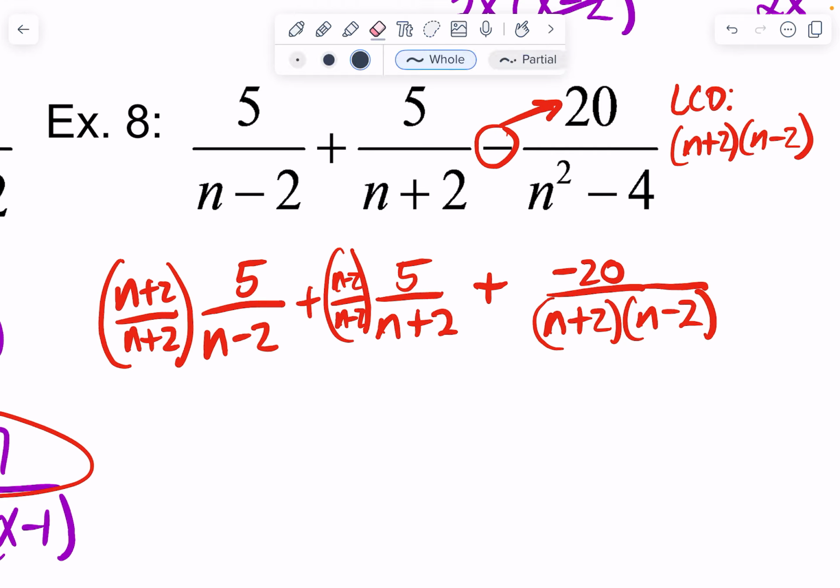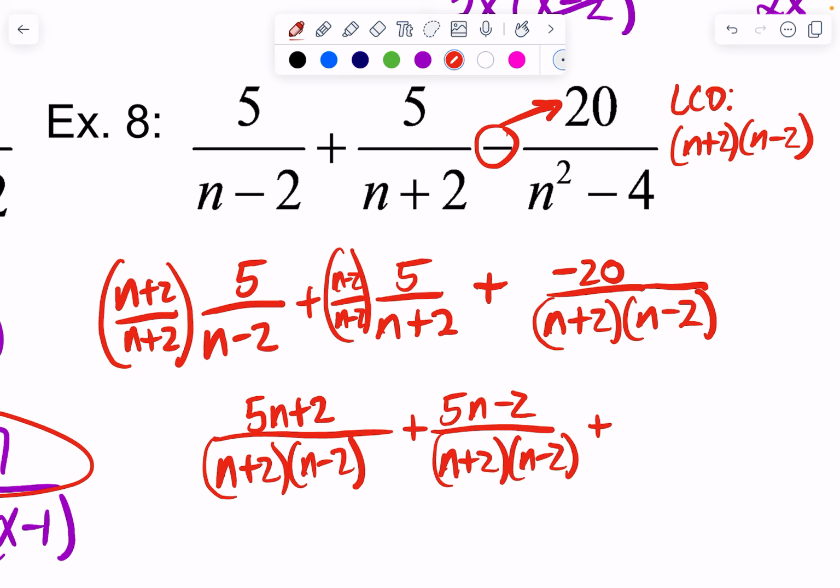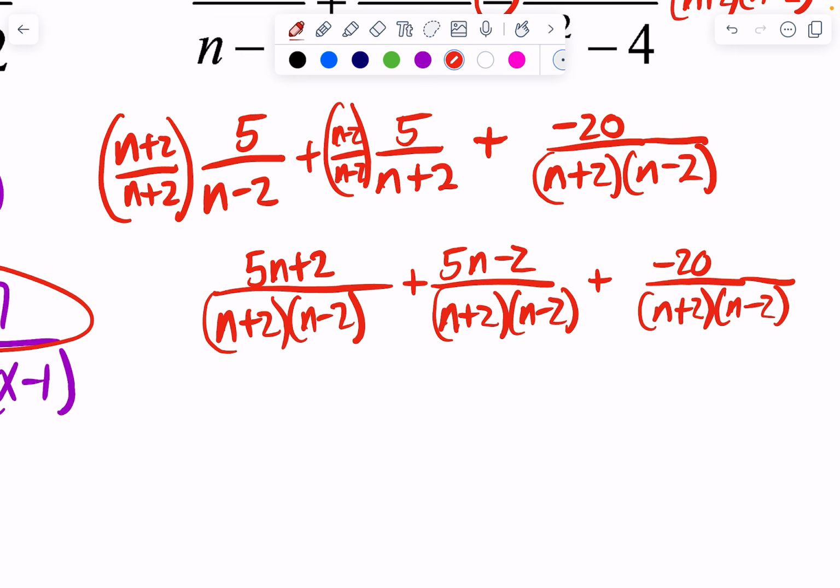So let's distribute here. So I've got 5 times n plus 2 over n plus 2, n minus 2, plus 5 times n minus 2 over n plus 2 times n minus 2, plus a negative 20 over n plus 2 times n minus 2. Now I can add the numerators or subtract them and keep the same denominator.